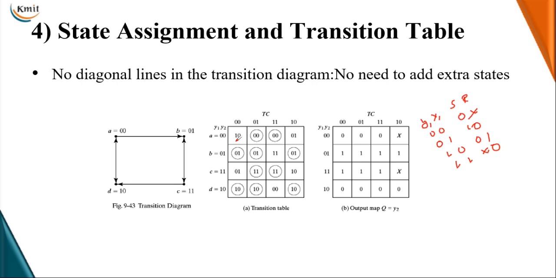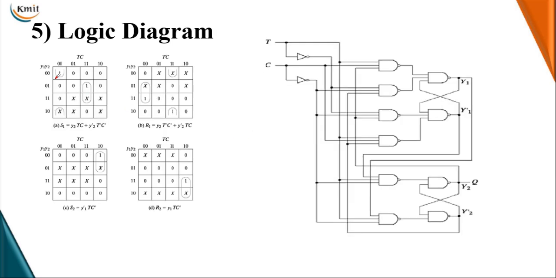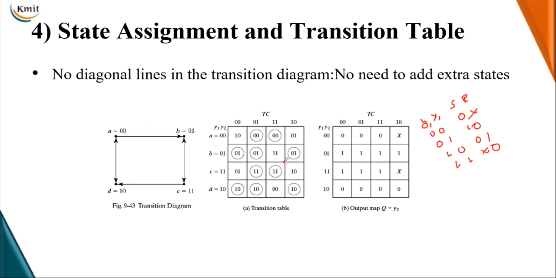So 0 to 1 and 0 0. So 0 to 1 is 1 0, those are my inputs. So S1 is 1 and R1 is 0. So next state is 0 0. So hence 0 don't care. So like that you have to write all the values for your next transition table along with your outputs too.